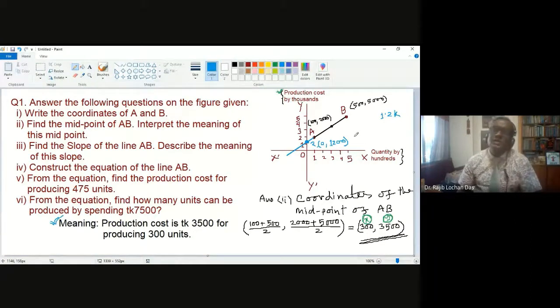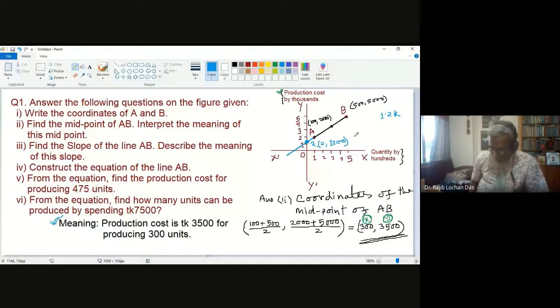Say the factory, say the industry is closed, but still you need to spend something. Maybe the rent of the factory room or house or land, or the electricity bill, or expenses for the security guard. So some expenses may be there if you do not produce anything.